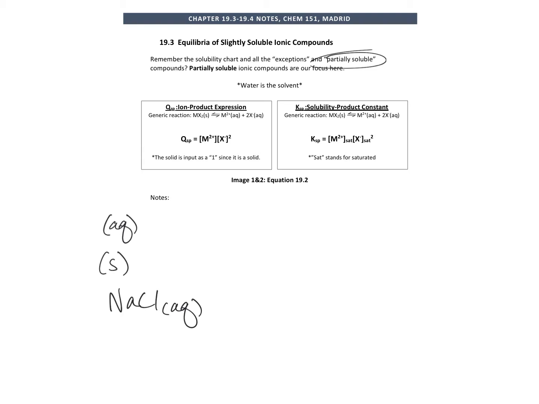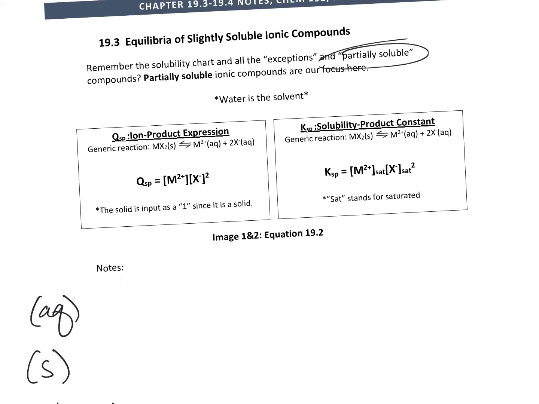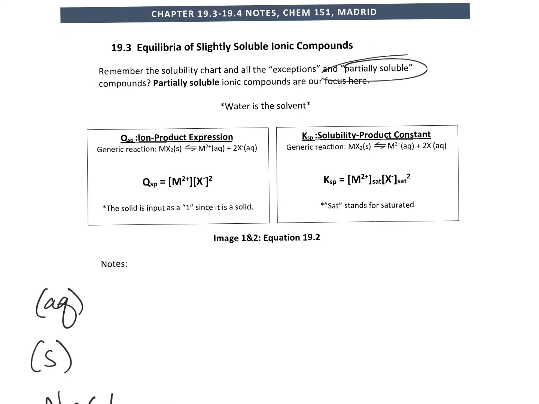They have a really low solubility, but some does dissociate into solution to create ions. So the way to analyze that is we're going to be looking at what's called the ion product expression, or Qsp, and the Ksp, solubility product constant.